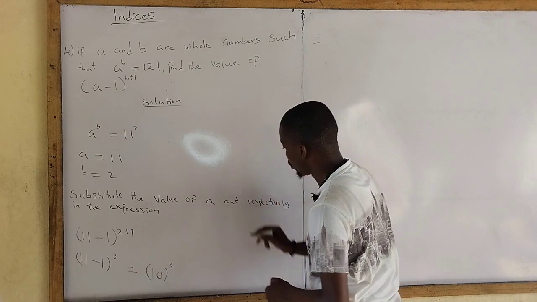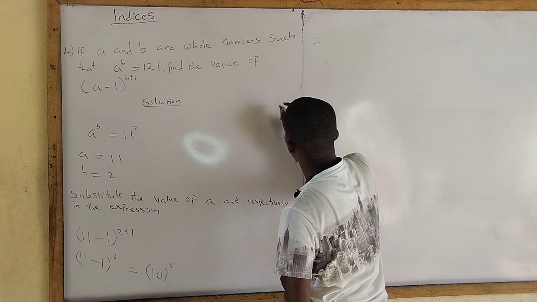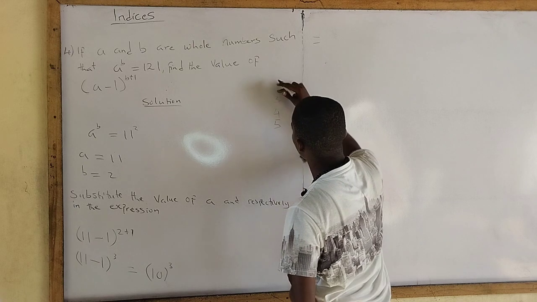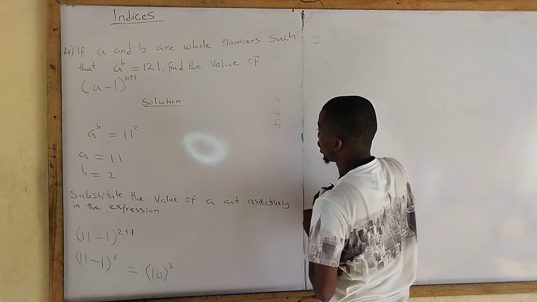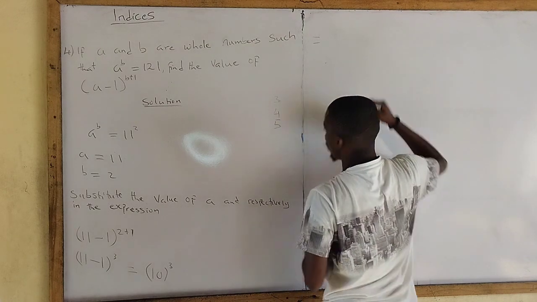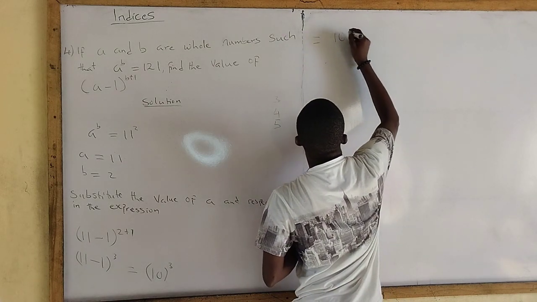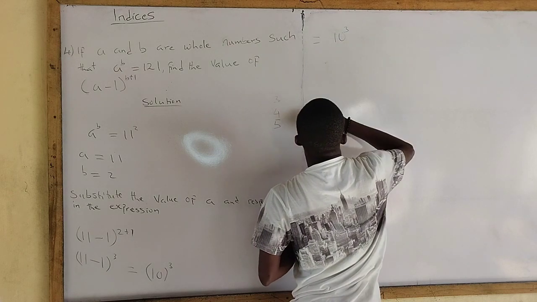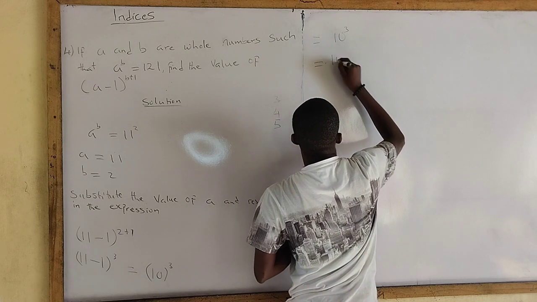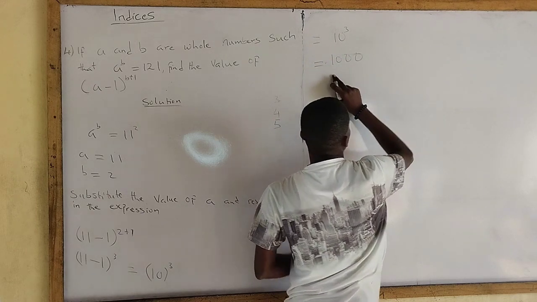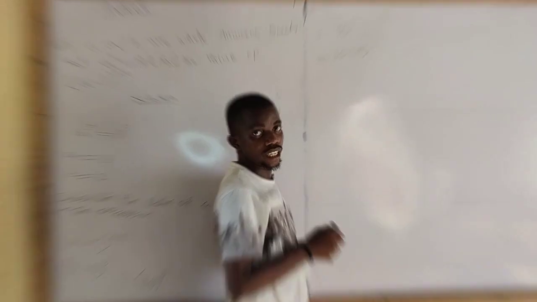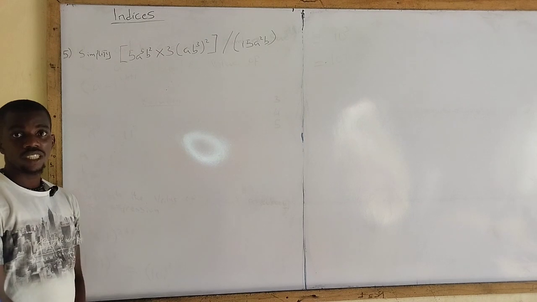Any number you see written, whether it's 2, 3, 4 or 5, is raised to an invisible power of 1; the 1 is not always indicated. So we have 10 raised to the power of 3, and we should know that 10 raised to the power of 3 is 1000. Okay, we go to the next question.